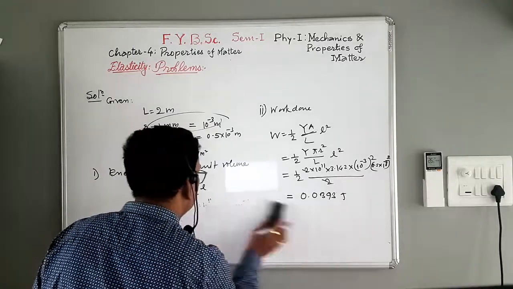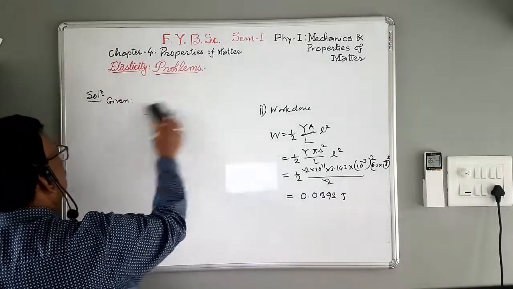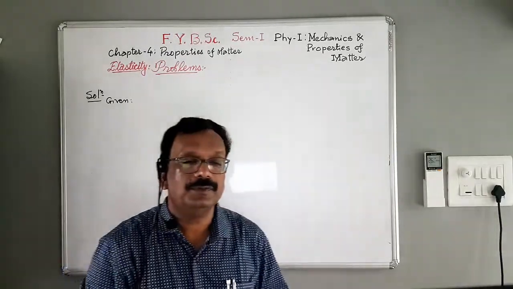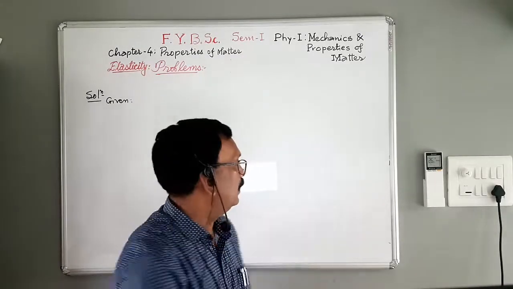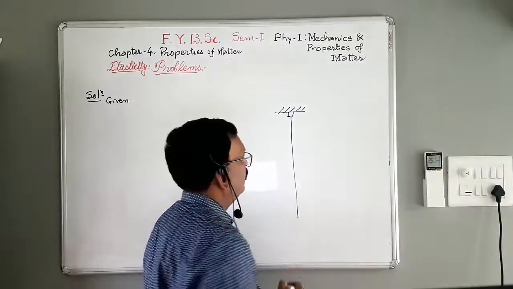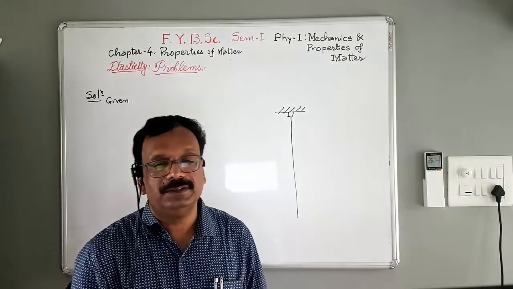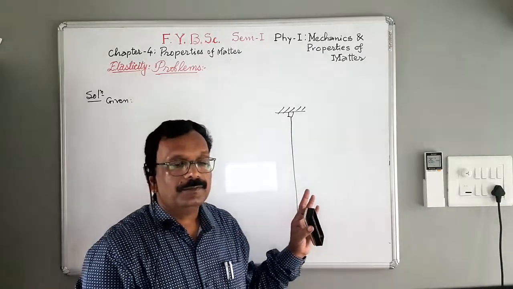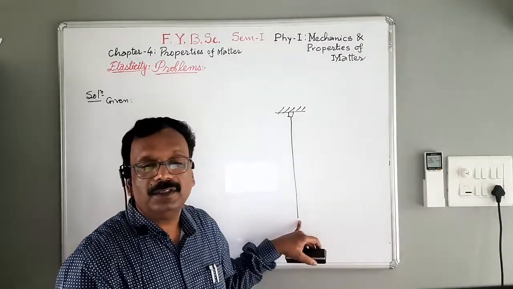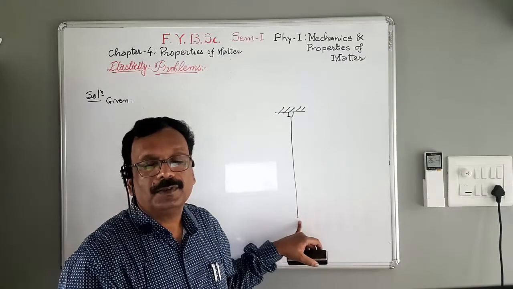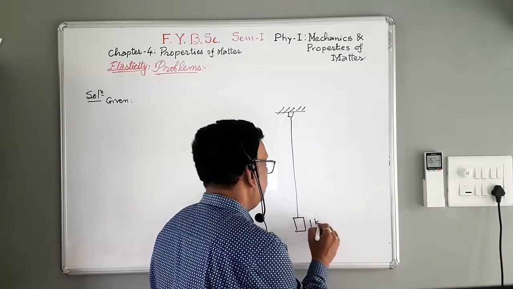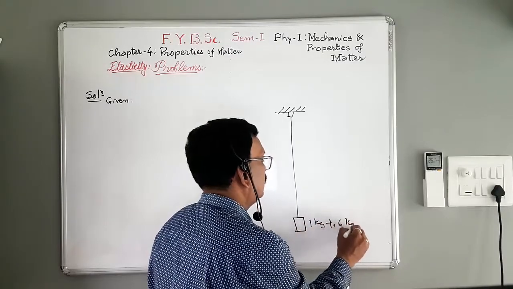Now the third problem. The third problem is also, again, there is a wire, and suppose one end of the wire is fixed to the ceiling or support, and we suspend the wire from the free end by applying some load, and this load is increased from 1 kg to 6 kg.